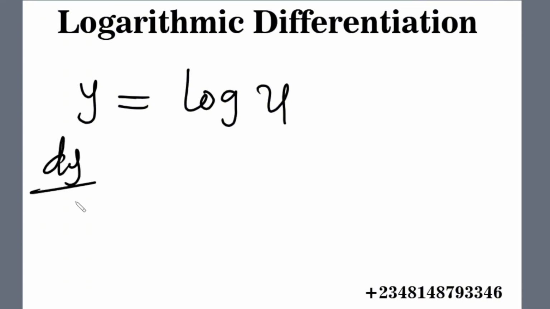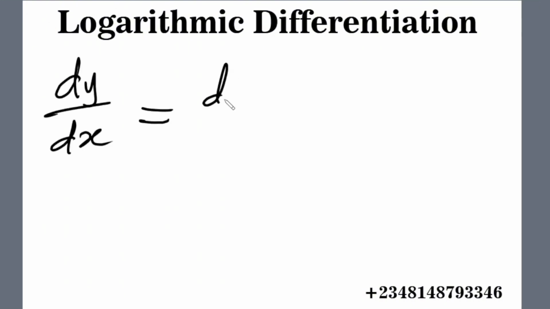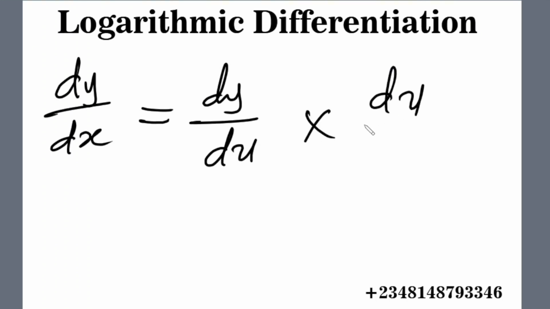Now, dy all over du equals, if you differentiate log u with respect to u, it will give you 1 all over u. Now, let's apply the chain rule formula, which is dy all over dx equals dy all over du multiplied by du all over dx.